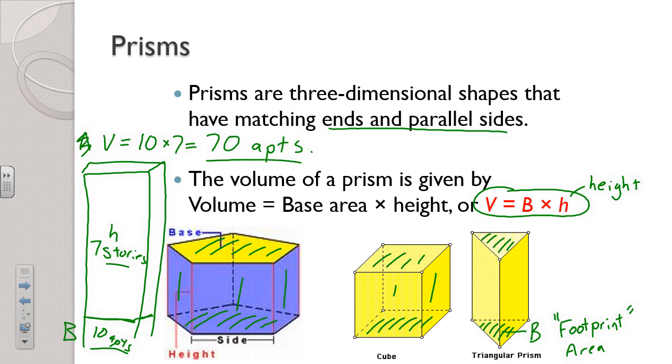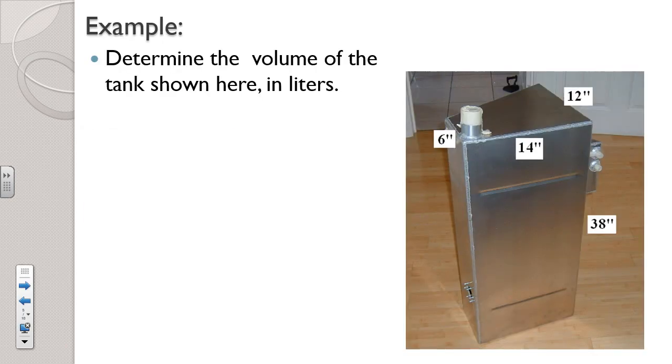Let's look at an example. Okay, this is kind of an unusual tank. Years ago, one of my friends sent me this picture. He'd seen it online. Somebody was welding up this fuel tank for a street rod they were building, and he wanted to know how many gallons it held. I've changed the problems to liters just so we have some different math to do. But here's what we're going to do. We have to figure out what the area of that end is.